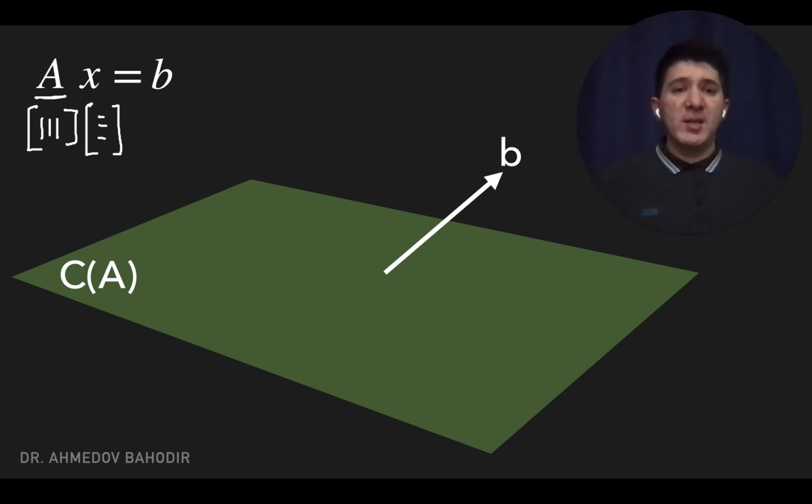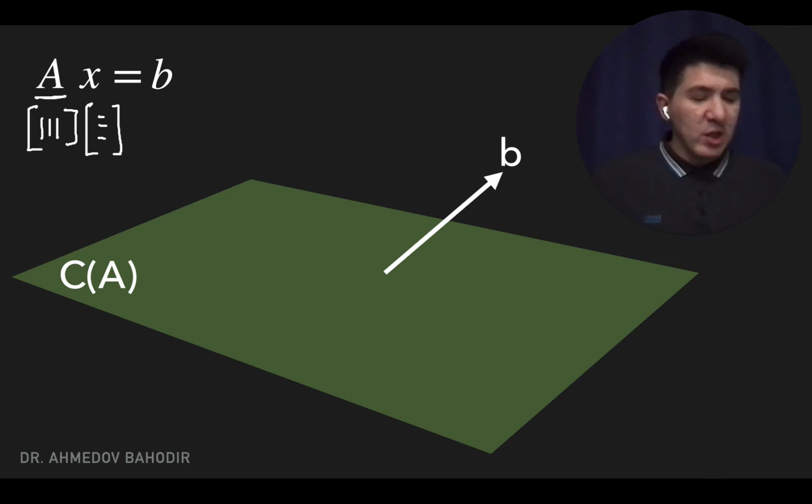Now the problem is we don't want to give up, and we still would like to solve this problem. I would like to approximately solve this problem. So what would be the closest vector to this vector b along this plane? What would be the vector on this plane which is really close to this b, the closest one?